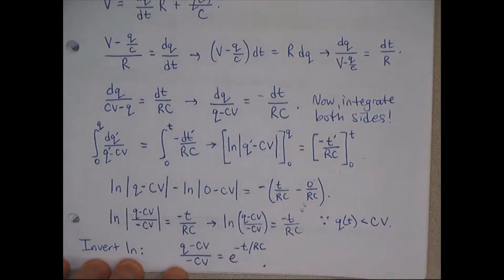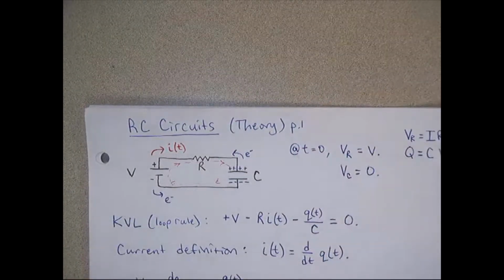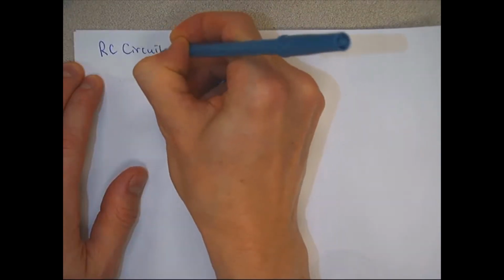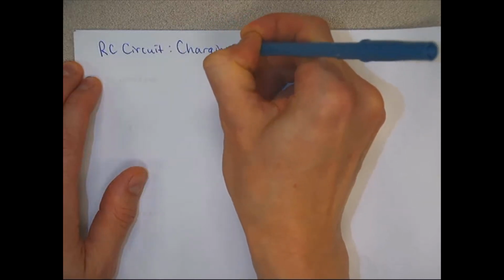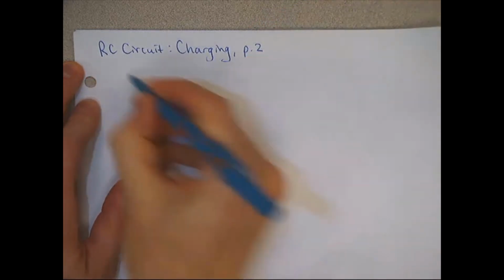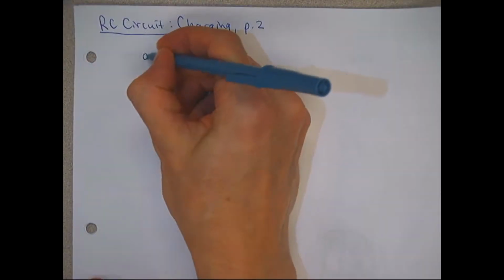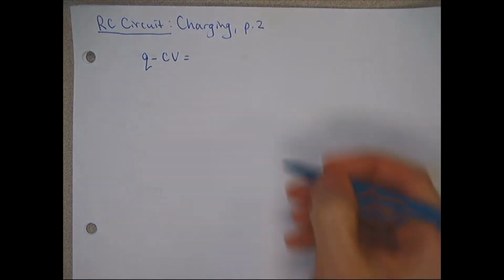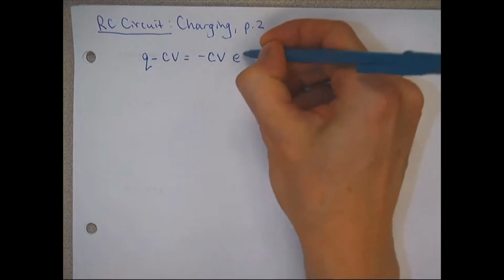Now we've done it, and we should start a new sheet of paper. Circuits Theory, page 1. RC circuit charging. Page 2. What do we have now? We have that Q minus CV, we're multiplying the negative CV to the other side of the equation.